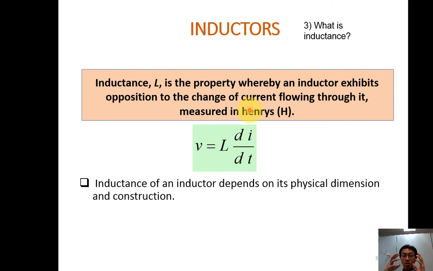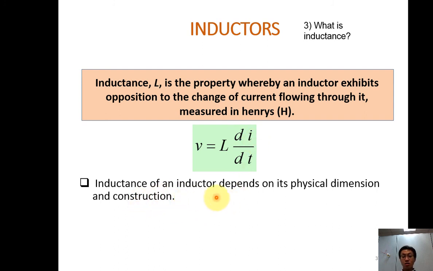Inductance is the property where an inductor exhibits opposition to the change of current, which means if the current is constantly flowing and suddenly it is reduced, this is a change. The inductor dislikes change, that's why it will oppose it. It will say, hey, don't change. Then it gives an equation where V equals L di/dt. Here di/dt means the change of the current.